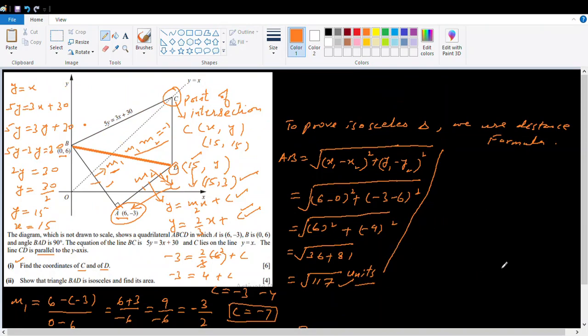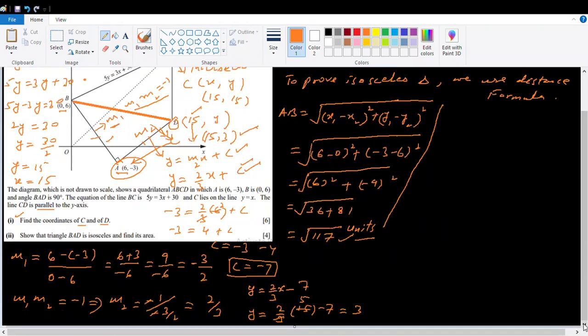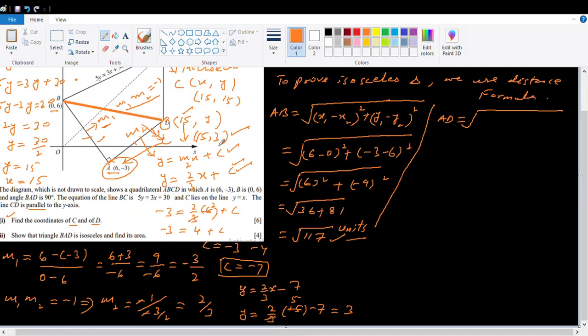So now let's find the length of AD with the same formula. As you know, we have the coordinates of D as well, 15 and 3. So x2 minus x1, so (15 minus 6) squared, plus (3 minus minus 3) squared.